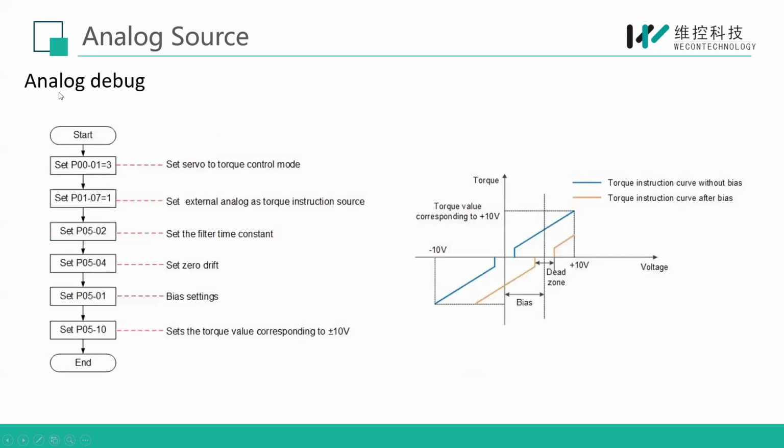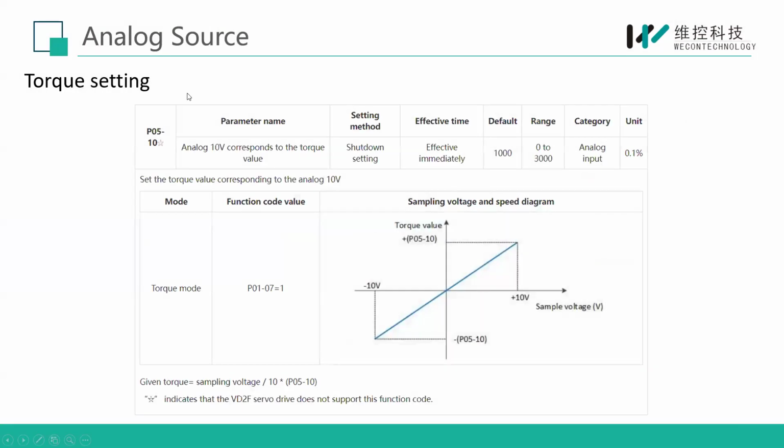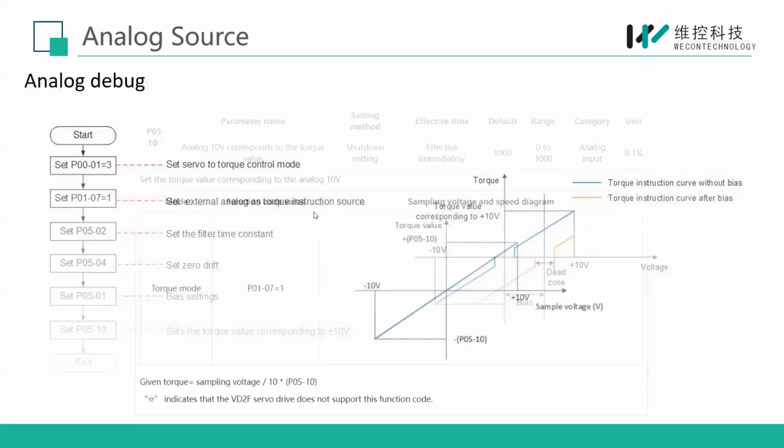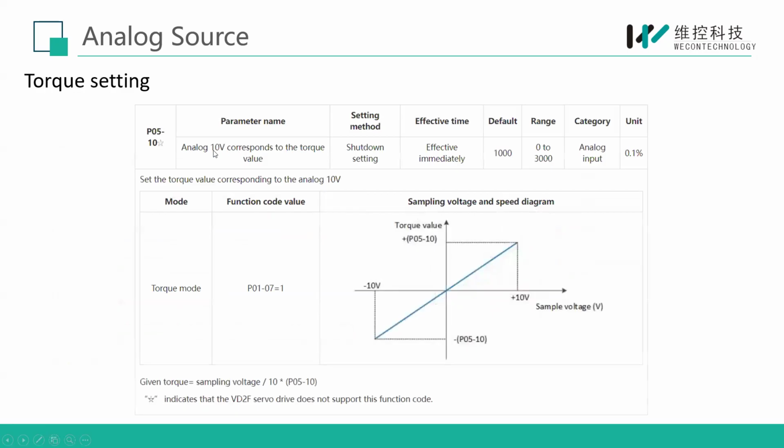Also, we need to adjust the analog inputs by setting the zero drift and bias settings. So here, how to set the relationship between the analog value and the torque value?